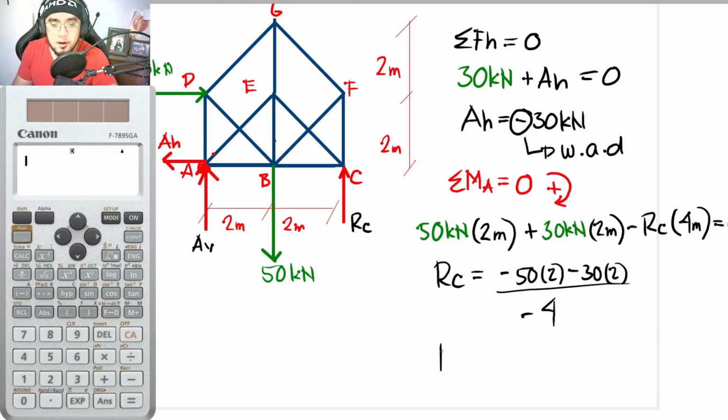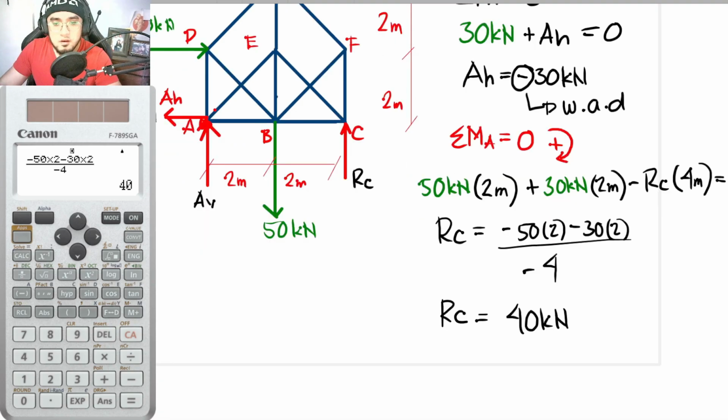So basic algebra. I'm sorry for stuttering. So RC is now equal to, looking at the calculator to your left, negative 50 times 2 minus 30 times 2 divided by negative 4. So our answer here is now equal to 40 kilonewtons. Okay, so with that, we already have the value for RC. So we have the value of RC and AH already.